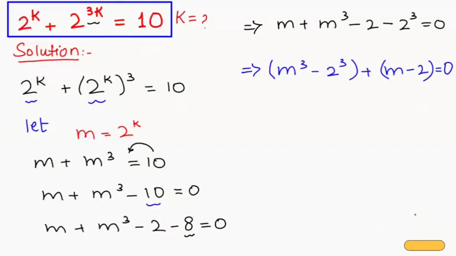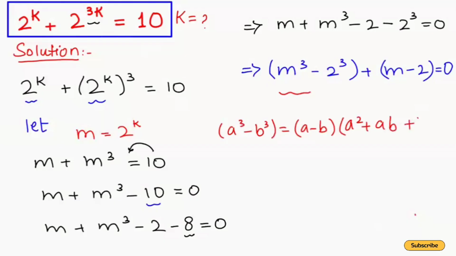Next I'm going to apply the algebraic identity, that is a cube minus b cube can be written as (a minus b)(a square plus ab plus b square). So this is our a and this is our b value.